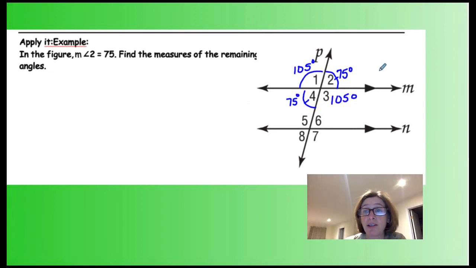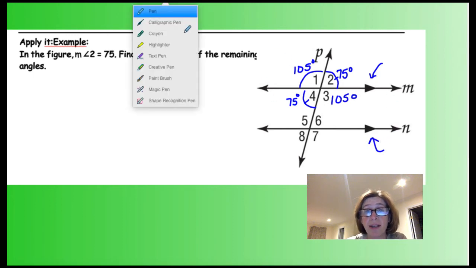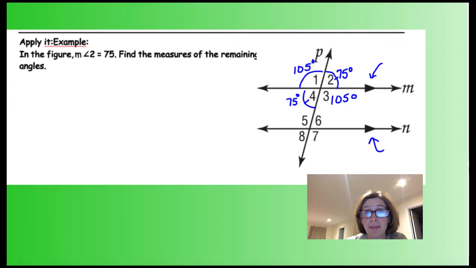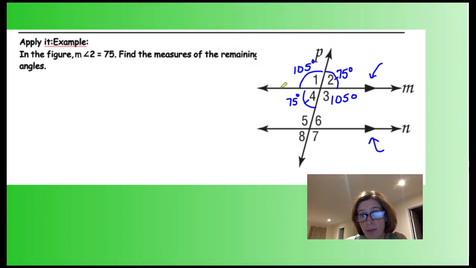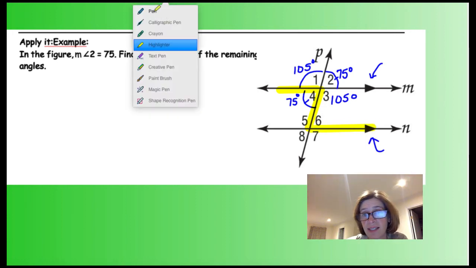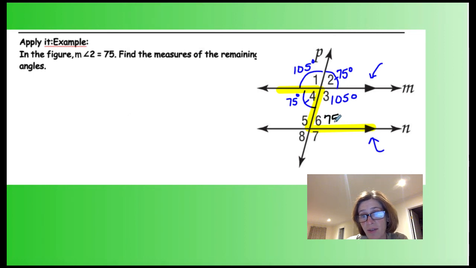Now I look at and I see those parallel lines, so I want to look for alternate interior angles. So I'm going to find my Z. Let me switch to yellow, and I'm going to switch to a thinner line like that. Okay, so I highlight angle 4, and if I continue it until I get to the parallel line, I can see the Z. And so that tells me that angle 6 has to also be 75 degrees.